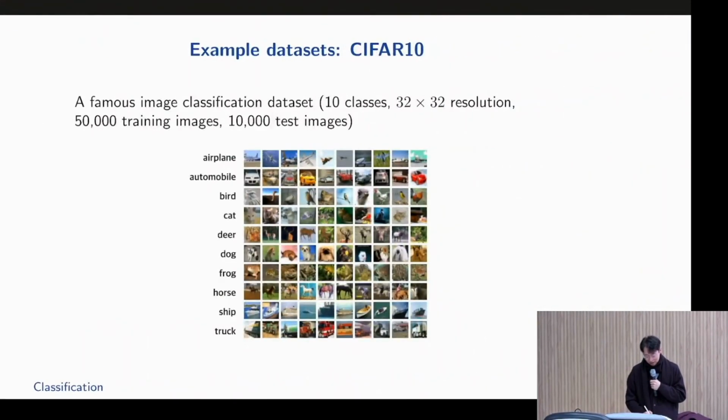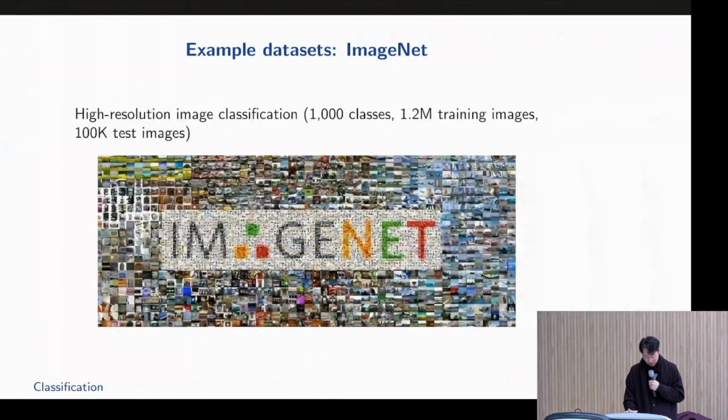And CIFAR, there's also CIFAR-10 and CIFAR-100. CIFAR-10 for 10 classes, CIFAR-100 for 100 classes. It's also a small image, 32 by 32, but this is a color image, with 50K training and 10K testing. And there's also ImageNet with 1,000 classes and 1.2 million training images, 100K test images.